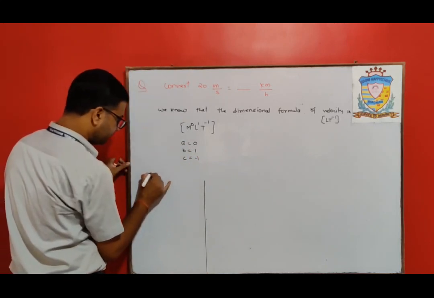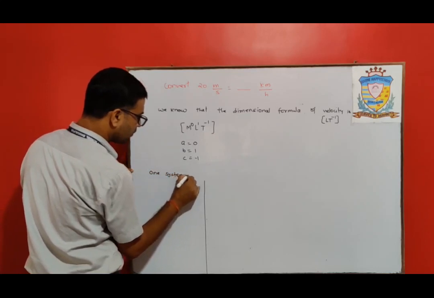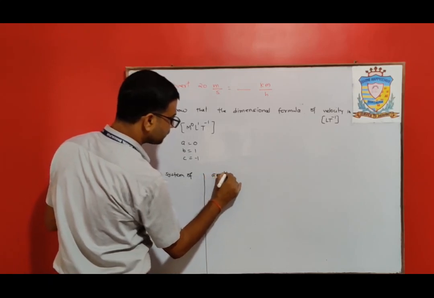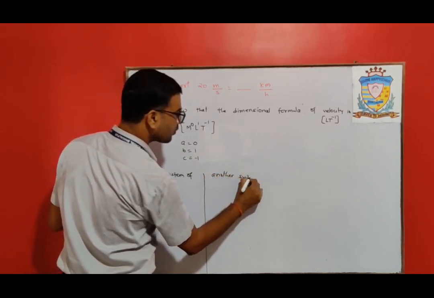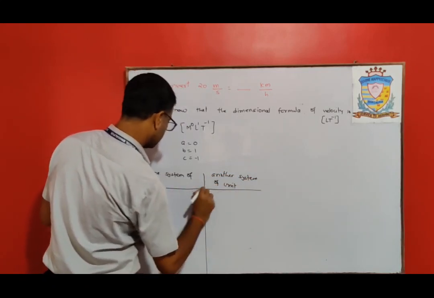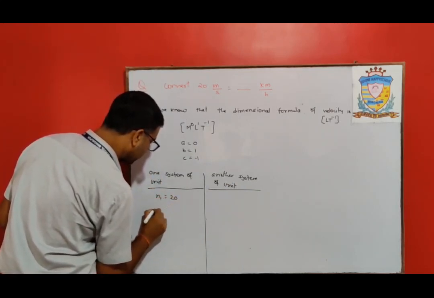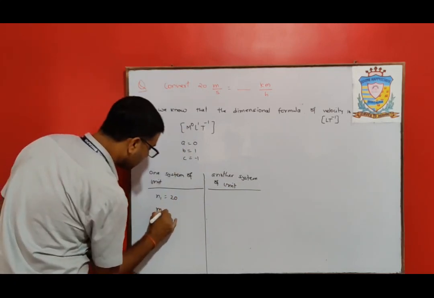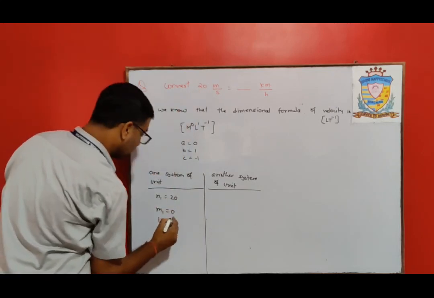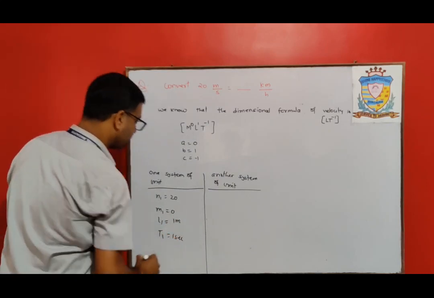So one system of unit, another system of unit. In the first system of unit, the value of n1 is 20, mass m1 is equal to 0, L1 is equal to 1 meter, and T1 is equal to 1 second.